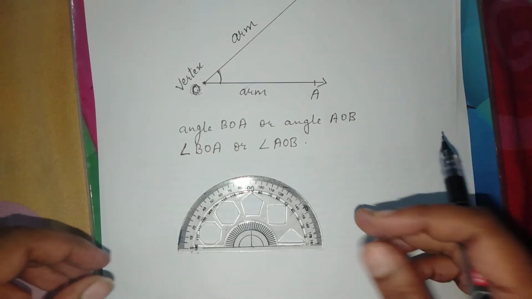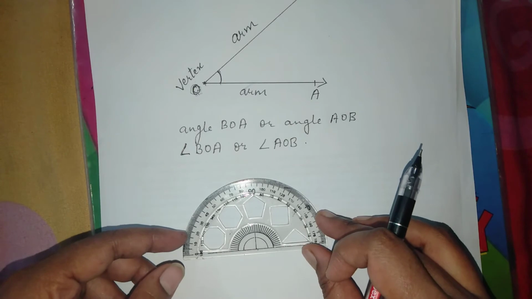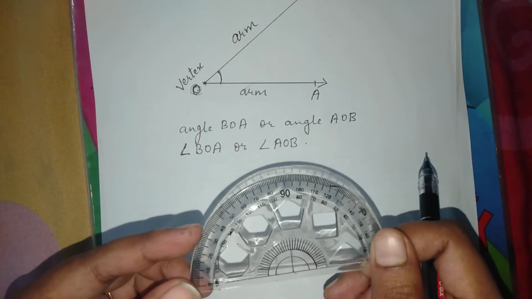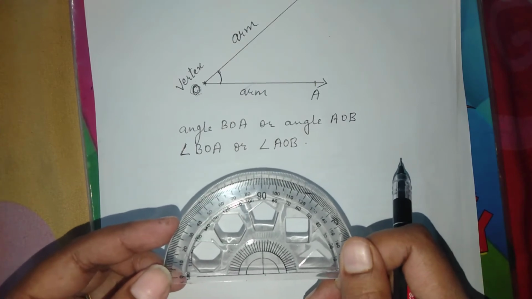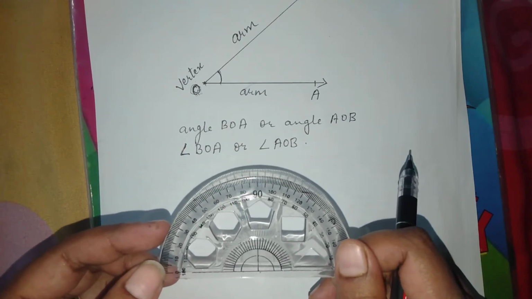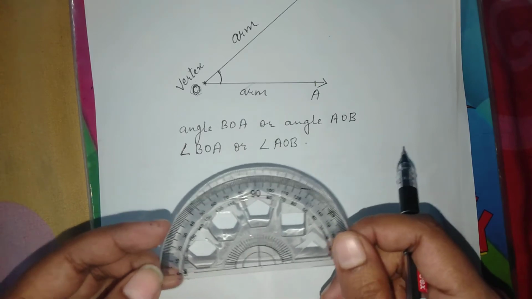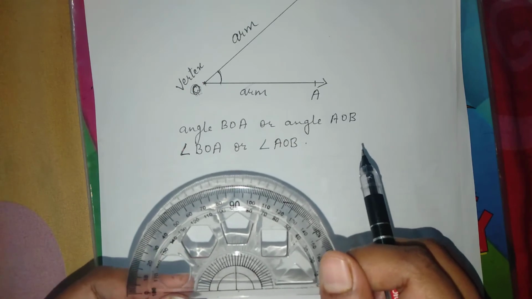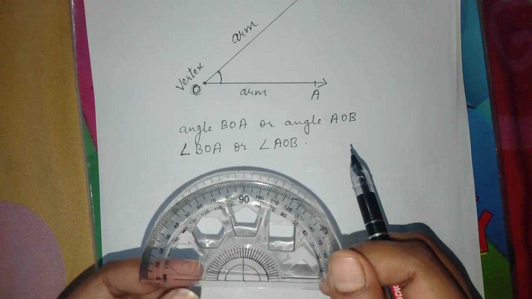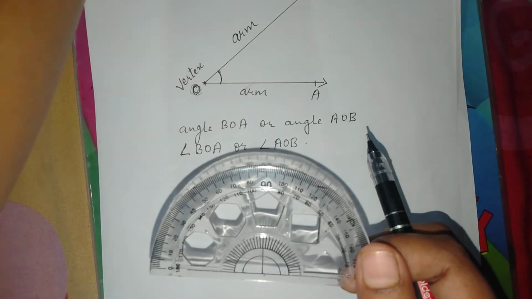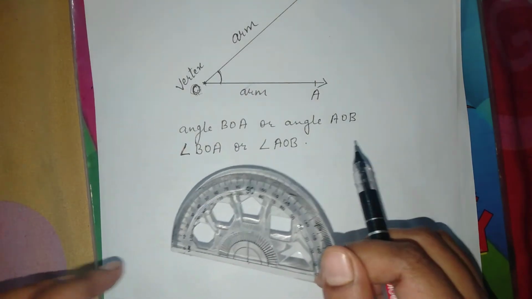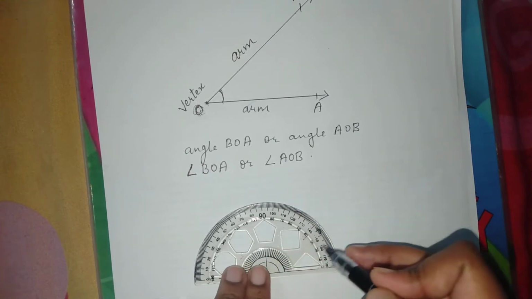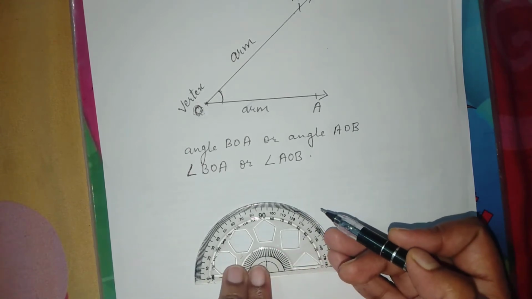So children, before starting the next topic, let me explain this. What is this? This is called a protractor. Now take out your geometry box and take out this half circle. It is there in your geometry box, and this is called a protractor. With the help of this protractor, we will measure angles, and the unit will be degree.